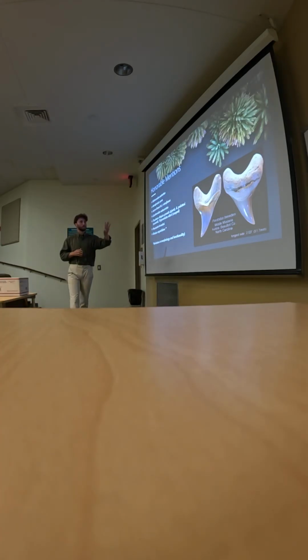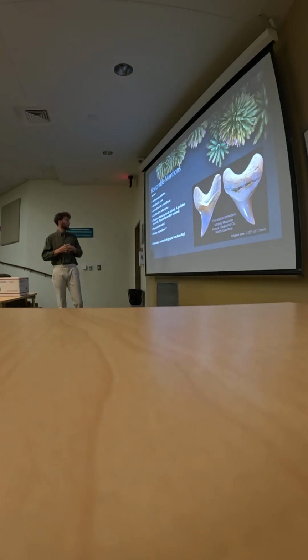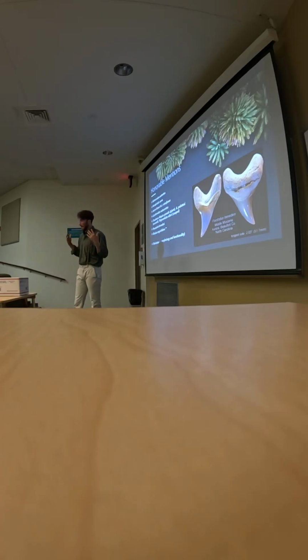The Parotodus benedeni, pictured here, is a very unique tooth in that science does not fully understand the nature of its evolutionary lineage. So they are believed to have shared a lineage at some point with threshers and makos, and that is evidenced by their tooth morphology. Which brings us to the Otodus angustidens, which is one of my absolute personal favorites. We'll take a closer look at this species in a second.